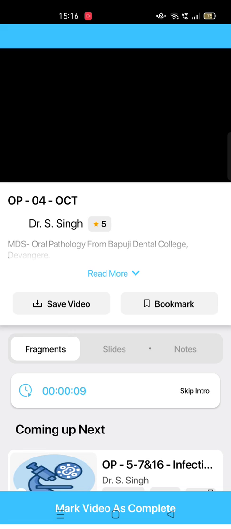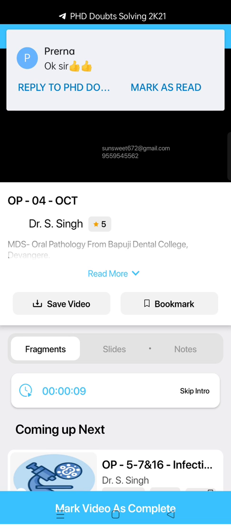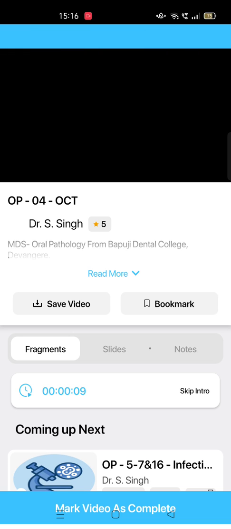Also, we use the term tennis racket appearance to describe the radiological findings in odontogenic myxoma. So many radiological findings: multilocular radiolucency, honeycomb appearance, horizontal step ladder appearance, tennis racket appearance, sun ray appearance, or sunburst appearance. All these appearances can be found in odontogenic myxoma.